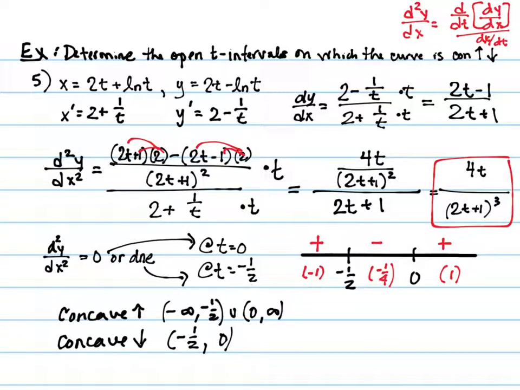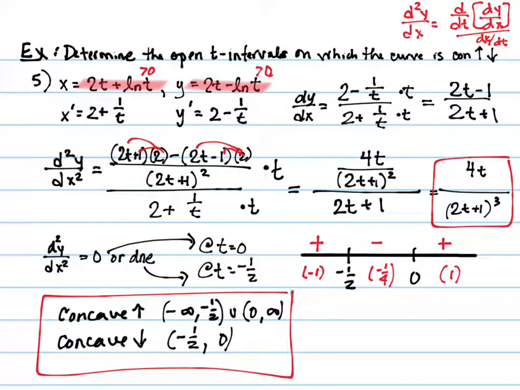Take a look at the domain of our original question. The t can't be 0, and it also can't be negative, right? Inputs into logs have to be greater than 0. So over here, this is true if I were able to use them.